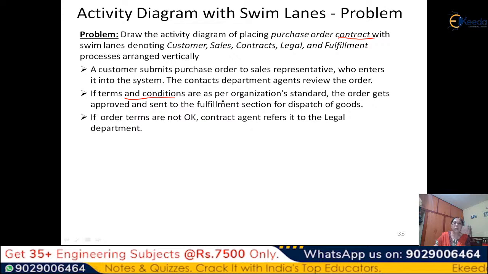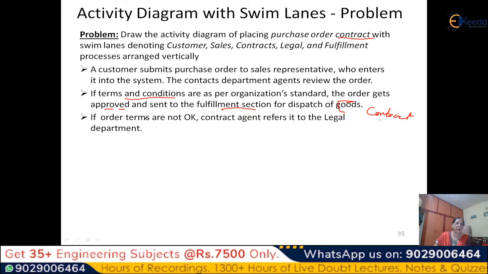If it is okay, then they will approve the order and send it to the fulfillment section. To dispatch the goods, what is the dispatch of goods here? The goods is the contract here. Or if it is to supply something, then the goods will be supplied. But basically the contract is approved.